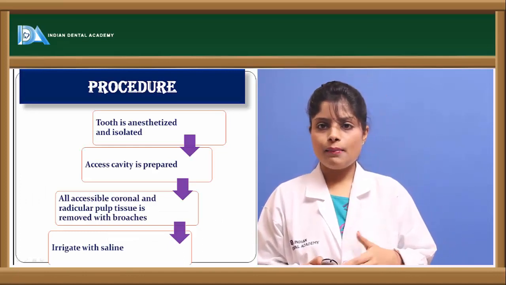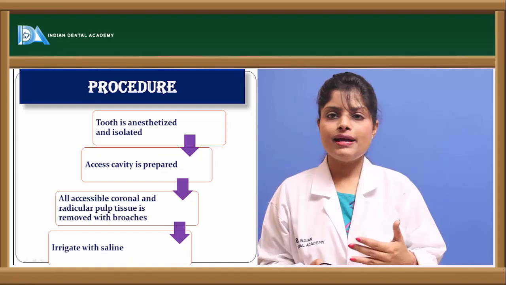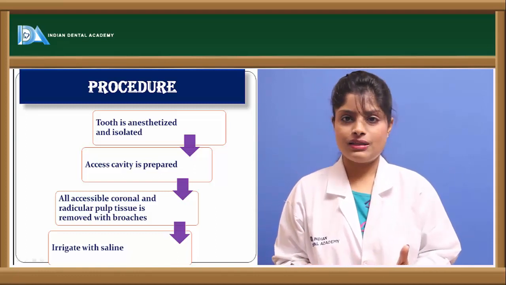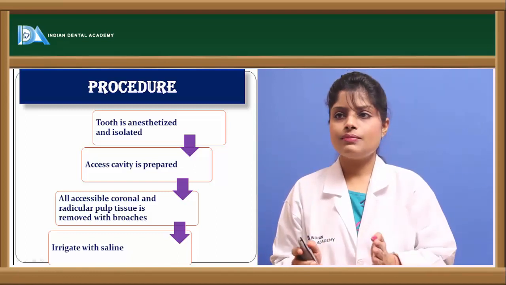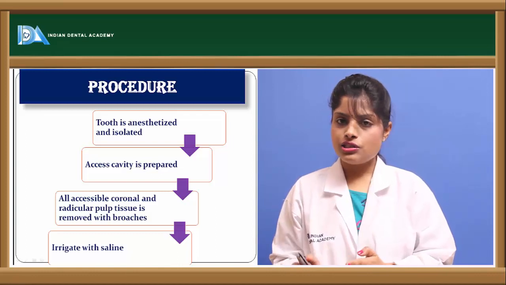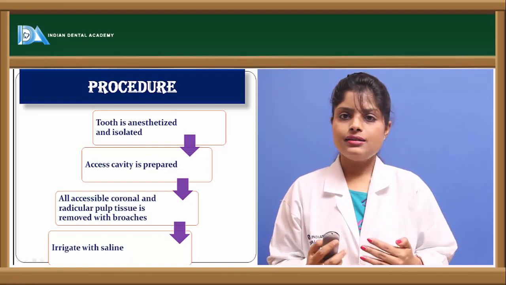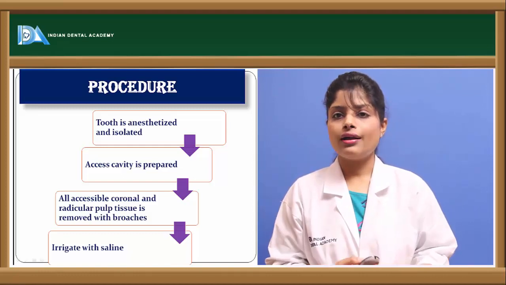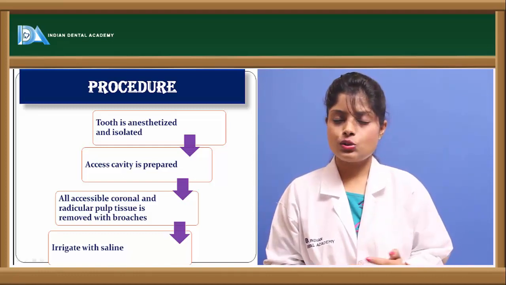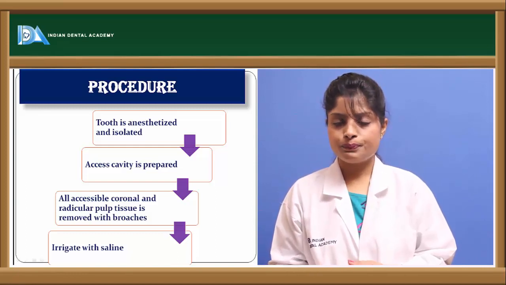So, coming over in detail to the step-by-step procedure of the single visit pulpectomy. First of all, the mandatory step is to anesthetize the tooth for the comfort of both the patient as well as the operator.